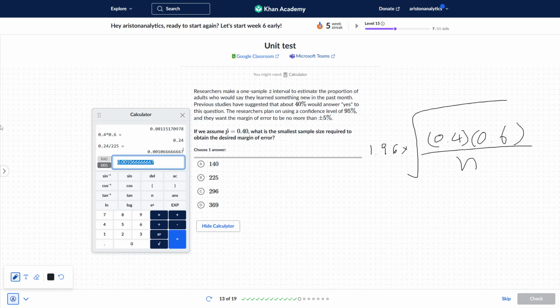Oh, still too big, 6%. 0.055, still too high.